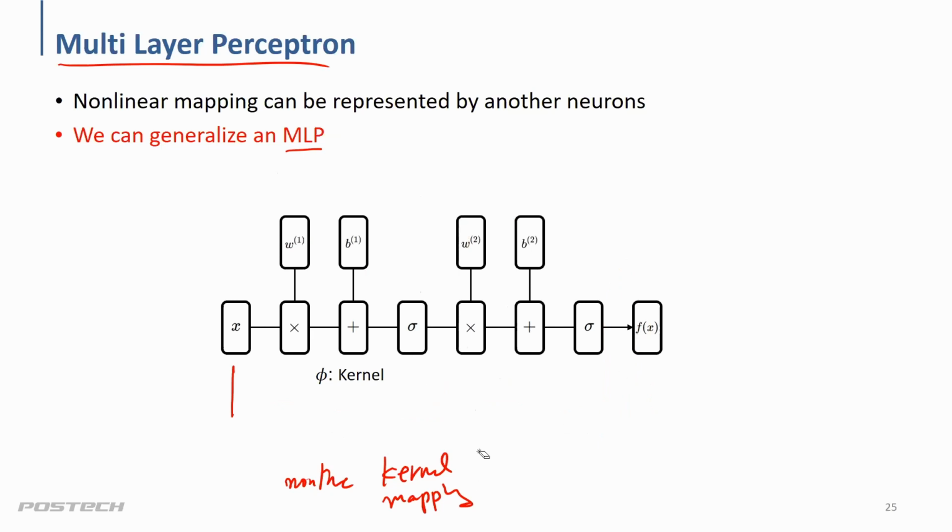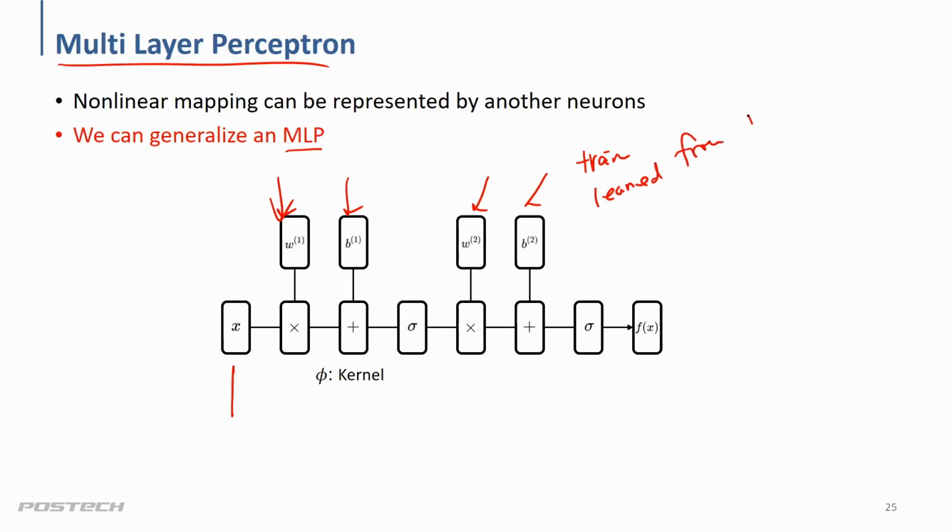And the good thing about this framework is that these values, we're going to train them, or learn them from data. If we learn from the data set, that means we learn the classifiers, and at the same time we learn the kernel functions as well, because we learn all the biases and weights from the data set.